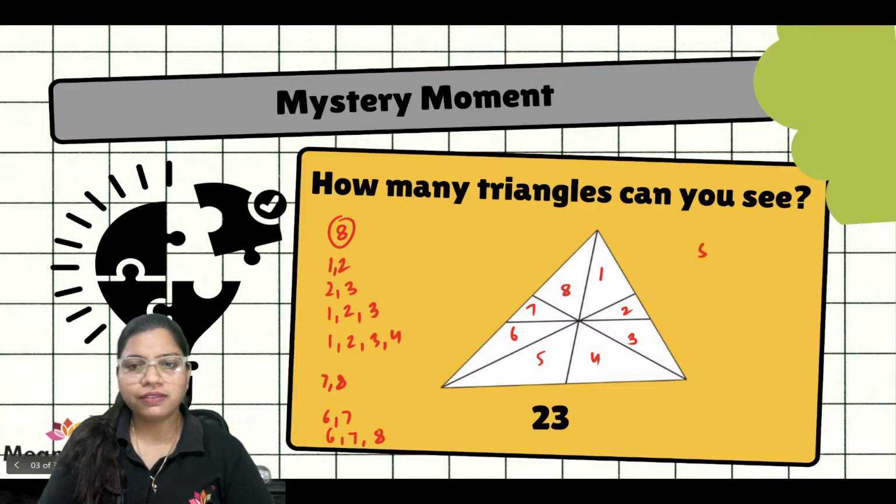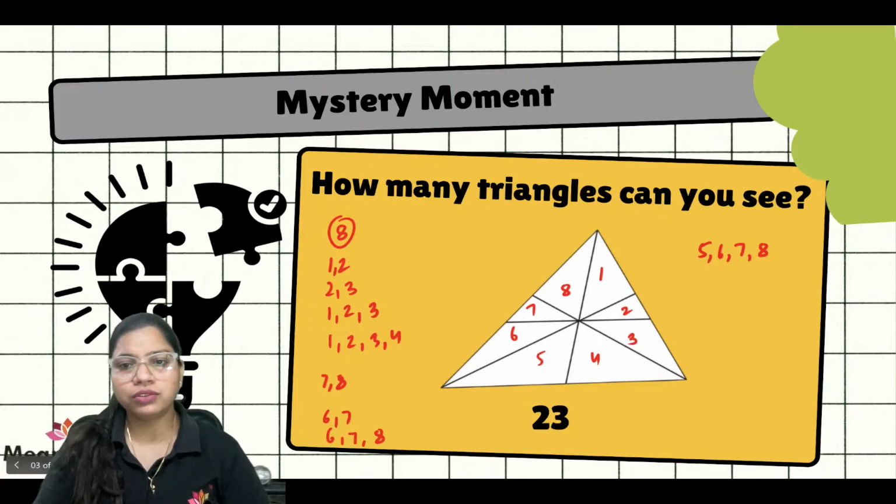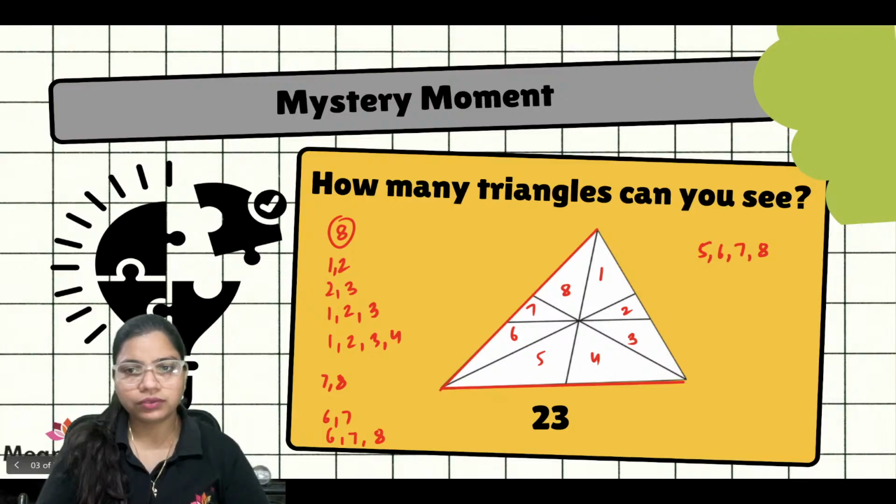Even 5, 6, 7 and 8 are making a triangle. Let's count them. And even the entire thing, the big triangle, this one. Yeah, that is also a triangle, the big one.